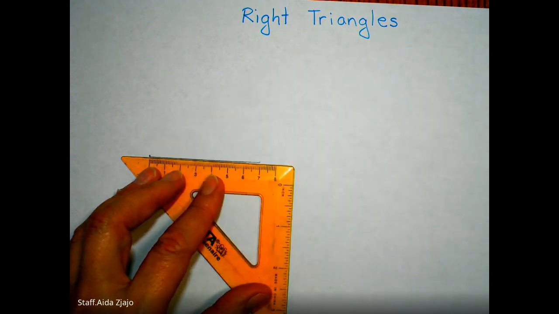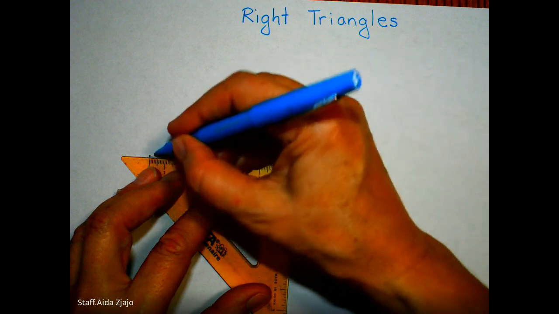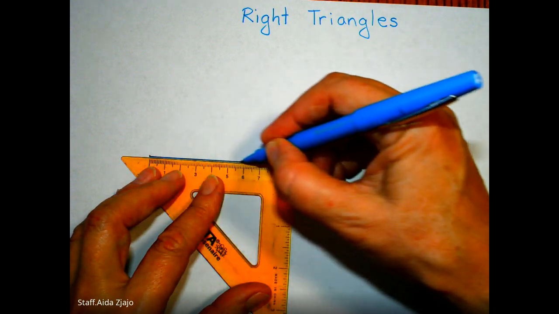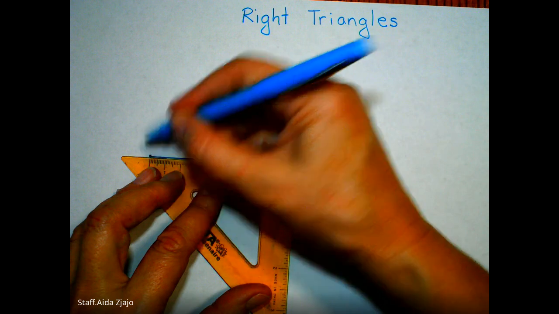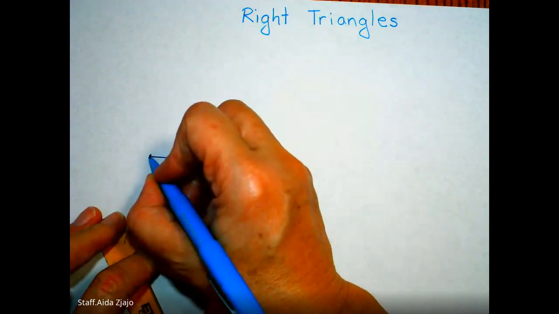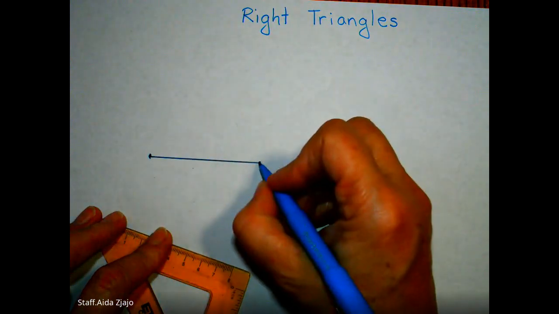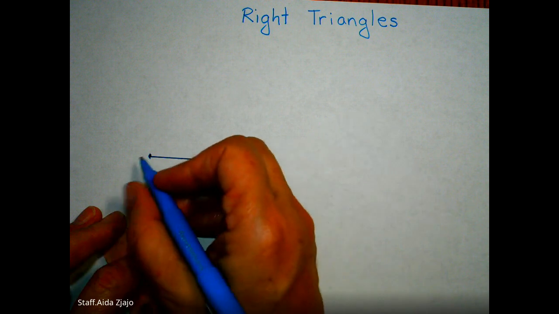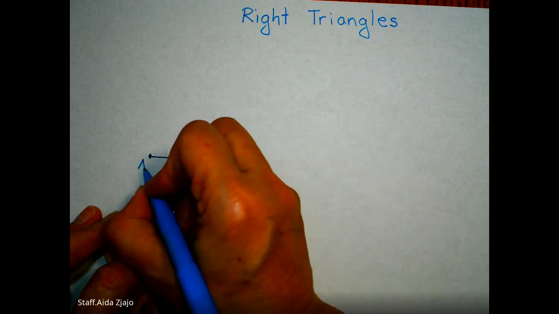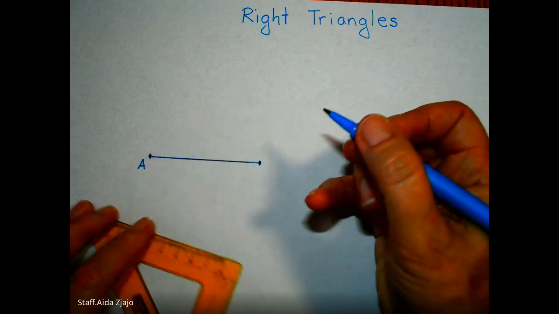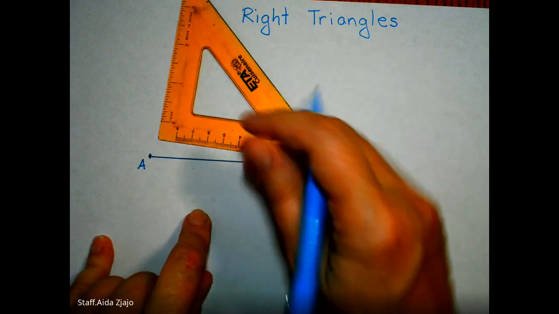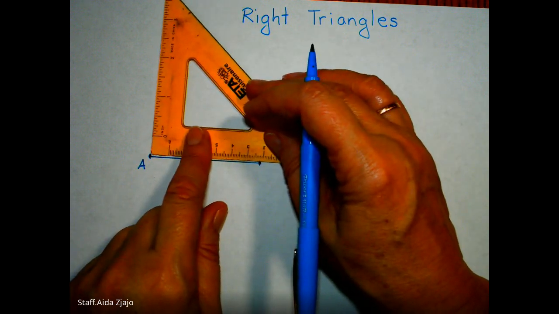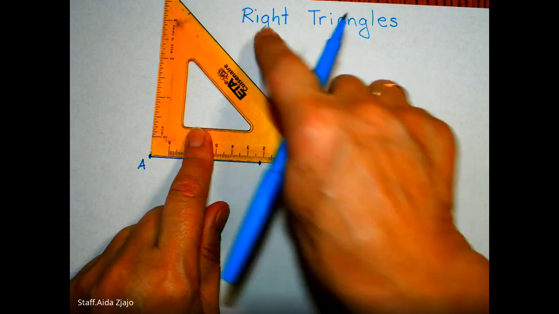Okay, so I'm going to make that line straight, and I will mark 2 points. This one I call A.